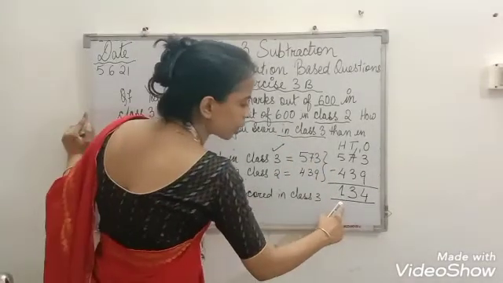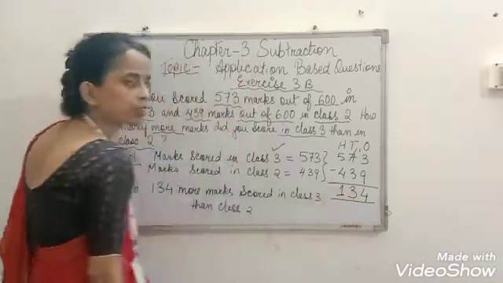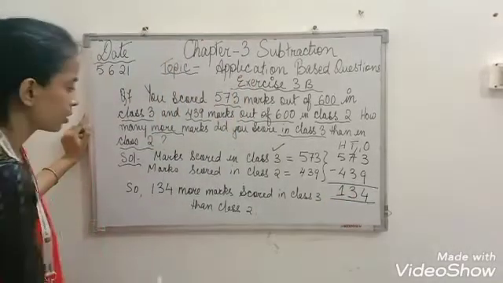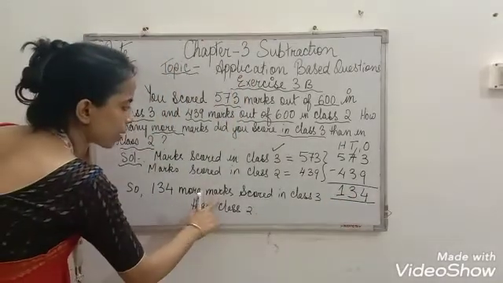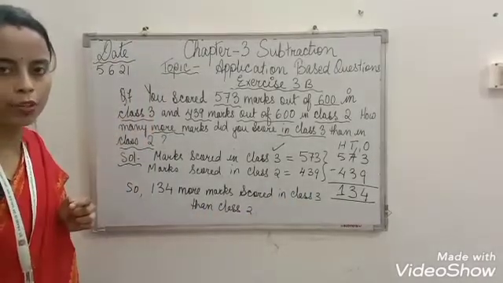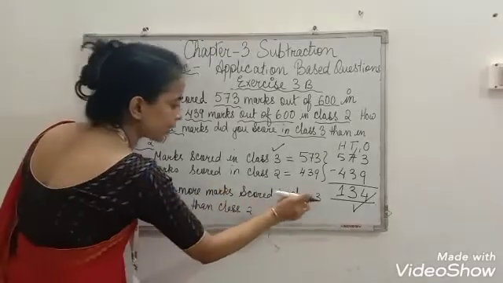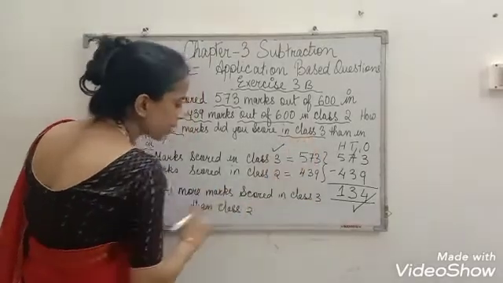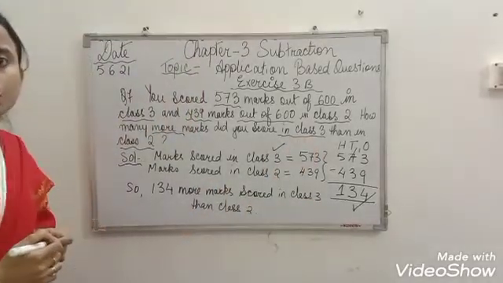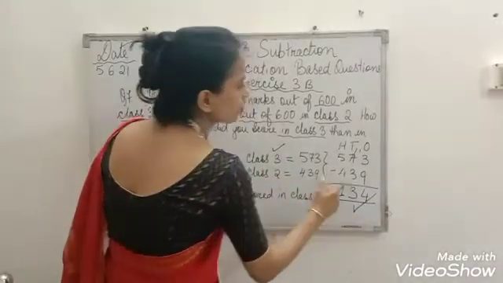When we subtract, we got this difference, 134. That means 134 more marks scored in class 3 than class 2. By doing subtraction, we got this answer.